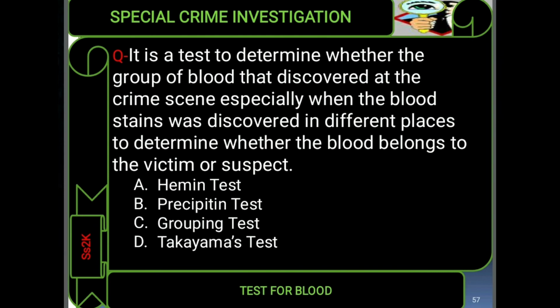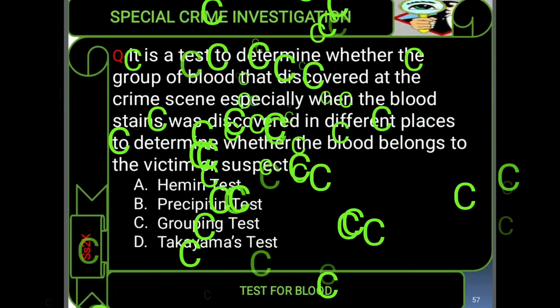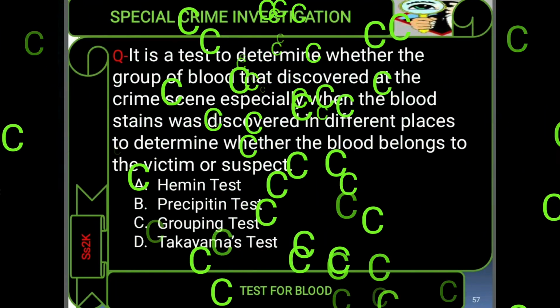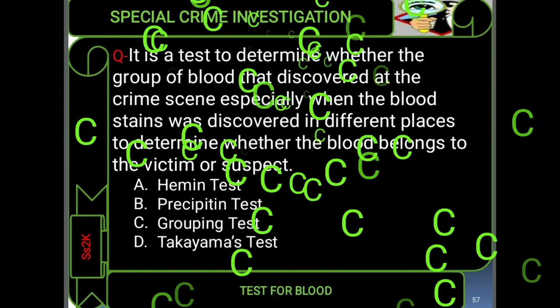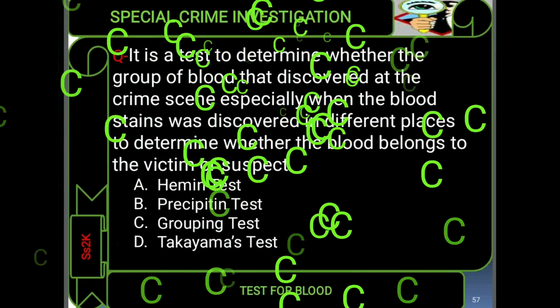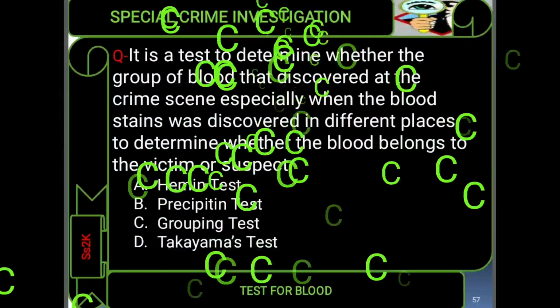And delta is Takayama's test. No? So, if you want to know whether the blood from different areas belongs to only one person, what test will you use? That is the so-called grouping test. No? Whether it is type A, type B, type O, or type AB. The grouping test was introduced by Carl Landsteiner to determine whether the group of blood belongs to only one person or belongs to more than one person.